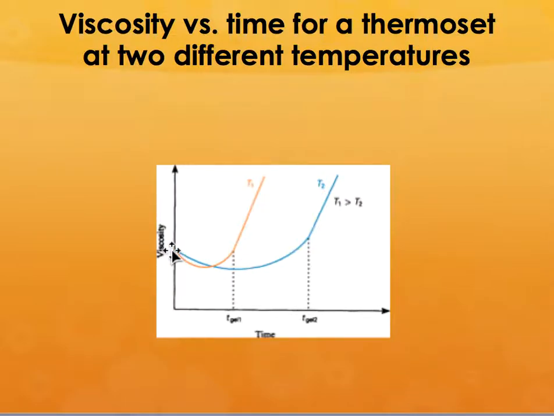If you apply a higher temperature, it will cure faster and you get less time to handle the material or to place the material in the mold, etc. Whereas if you use a lower curing temperature, it gives you a longer pot life and much more freedom to move it around and things like that.